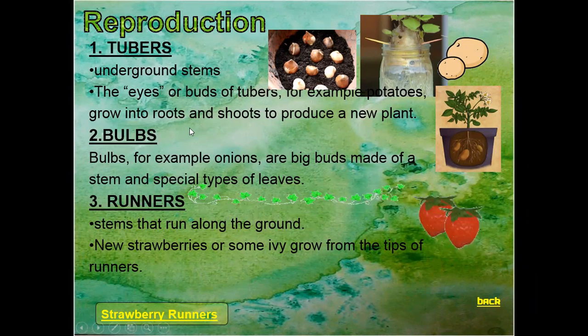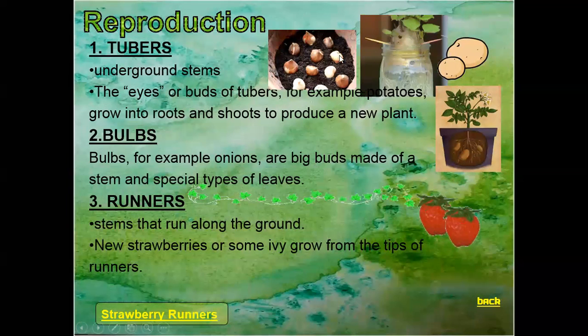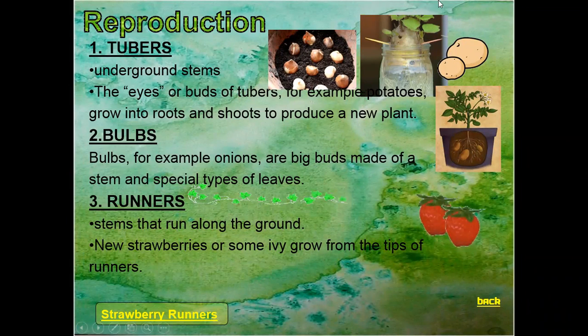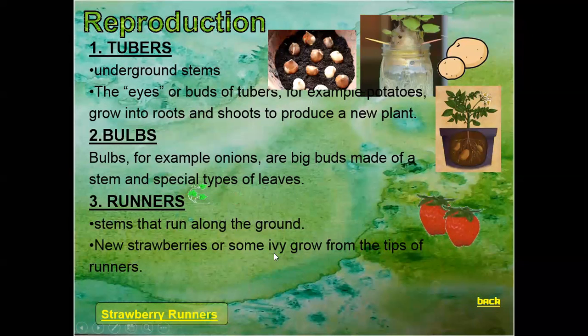Number two, bulbs. For example, onions. Here you can see onions. A bulb is made of a stem and special types of leaves. The third, runners, are stems that run along the ground.